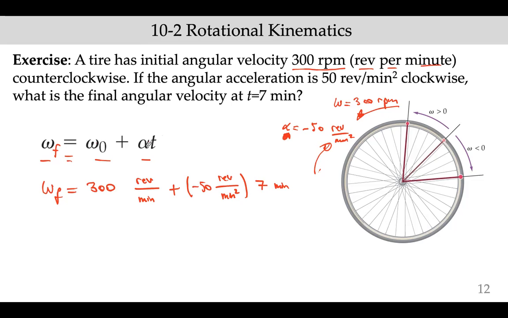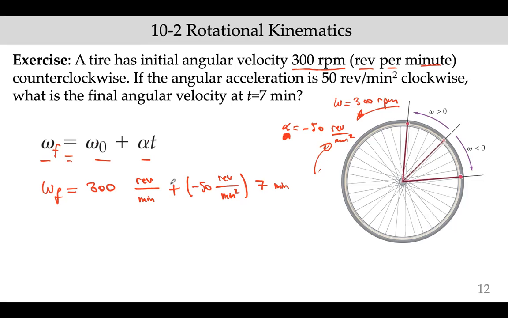That's fine. The other thing is that you can see all the terms are given in terms of per minute or per minute squared, and time is given in minutes. If time was given in, let's say, hours, then I would convert it to minutes so that all the terms are in the same units.